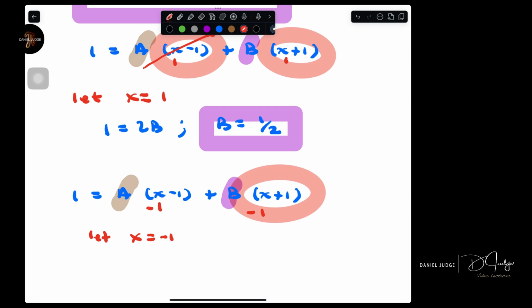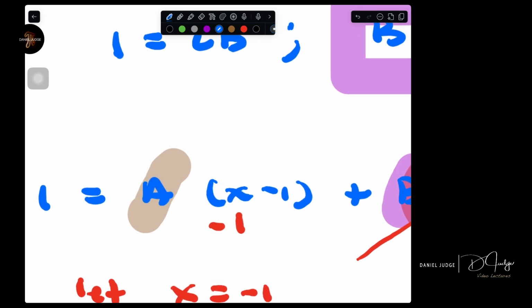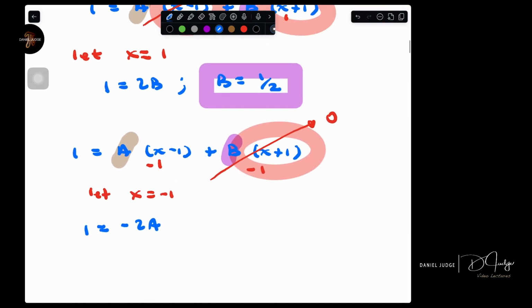So wherever there's an x value, we let that be -1. What does that do? It zeroes out this linear term. We end up now with 1 equals -2a, because -1 minus 1 is -2.